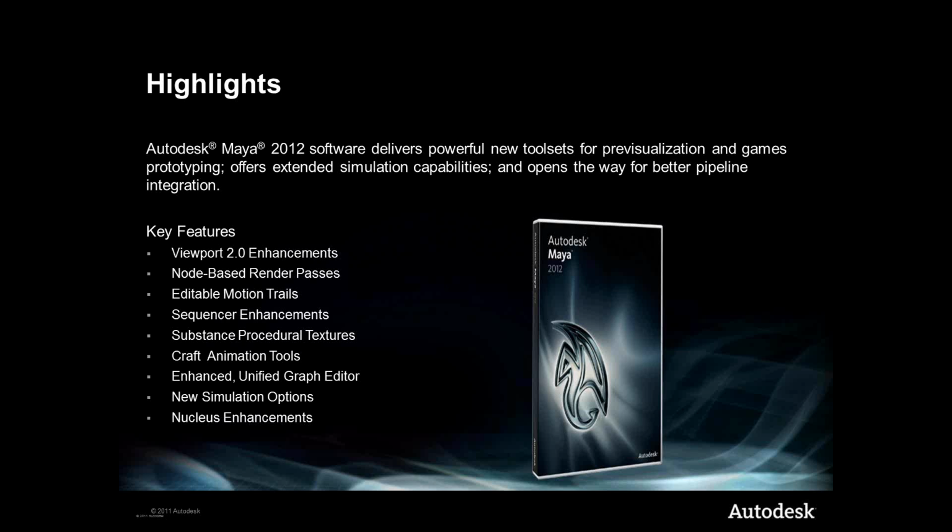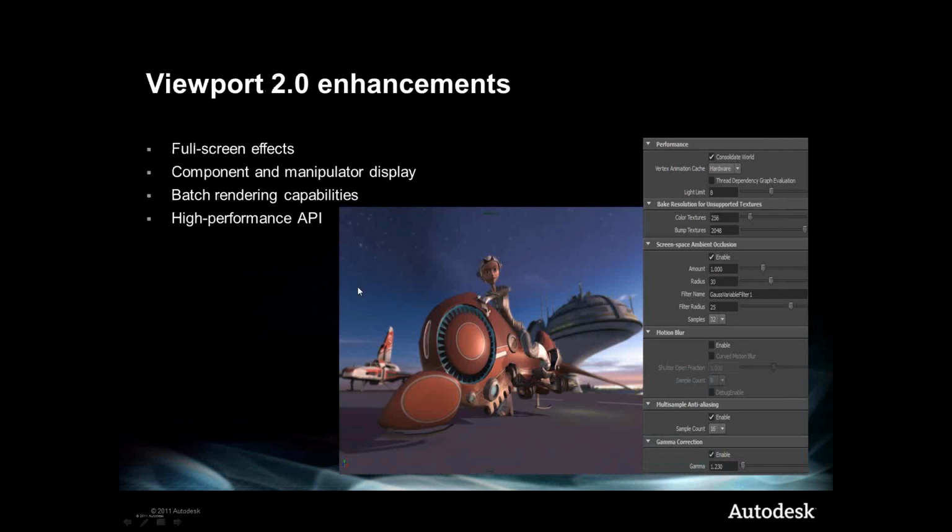There are now node-based render passes, and I'll explain what those are. Editable motion trails, sequencer enhancements, substance procedural textures. For those of you who don't know, I'll mention what those are. There are new simulation options like the Nucleus enhancement that I mentioned earlier, and I'll go through each of them, or at least the ones that are very relevant.